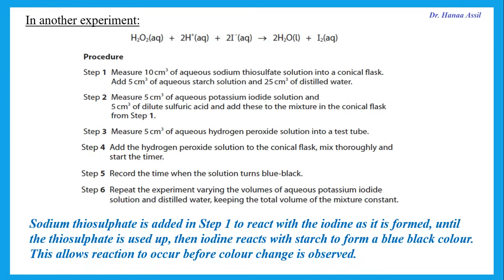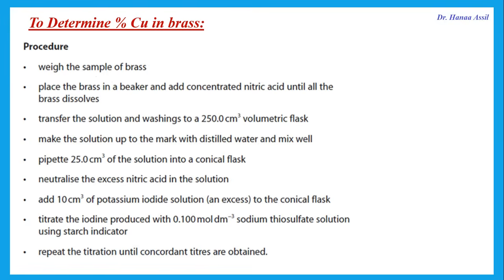Then any iodine formed after that reacts with starch and gives a blue-black color. This is in order to allow the reaction to occur before the color change is observed. I don't want it to turn blue-black immediately from the beginning of the reaction. I need to allow the reaction to proceed for a certain amount until all the sodium thiosulfate has been used up, and then we see a color change.